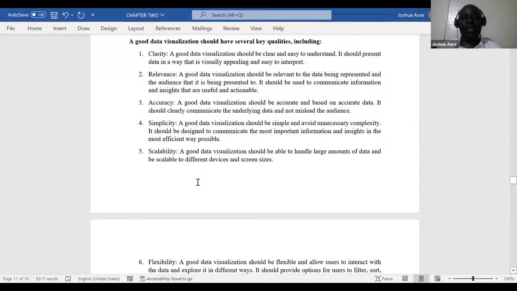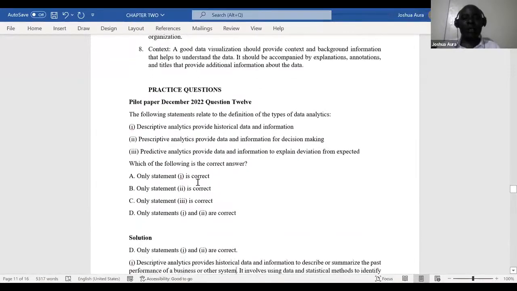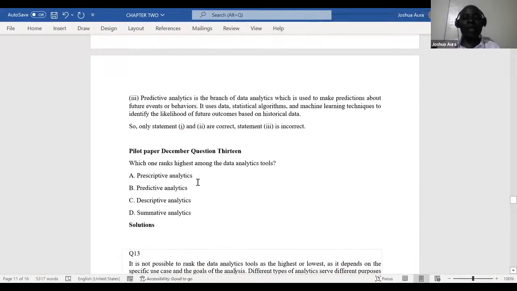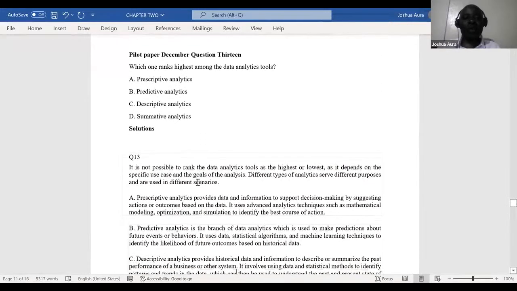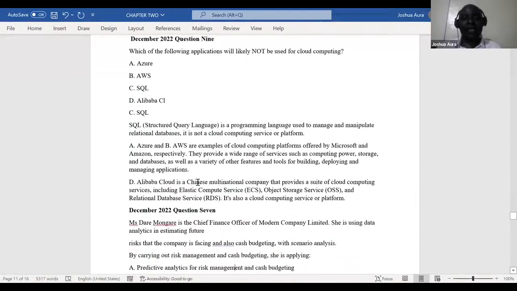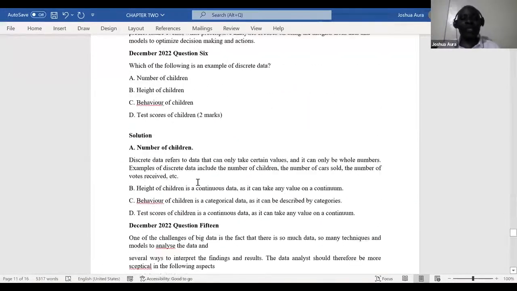Qualities of good data. Then practice questions. So this is what we have done, and really I would want to do it much better to make this class amazing. So December solutions, etc. like that.